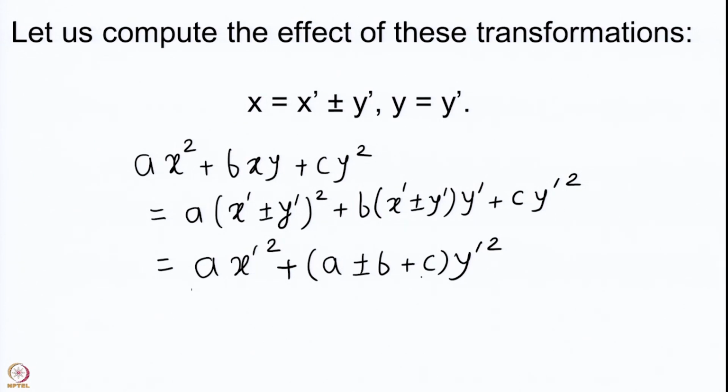So, q is 1 or minus 1, and therefore, you get a plus or minus b plus c, and we also obtain the coefficient of x prime y prime. That would come from here. You would get plus or minus 2a x prime y prime coming from this part, x prime y prime coming from here is plus b, and there is no x prime y prime coming from here.